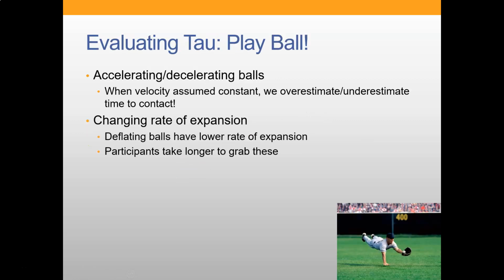So let's consider tau. When people are actually given balls that are rapidly accelerating or decelerating, one of the things that's kind of interesting is that if an object is rapidly accelerating, people will often overestimate the time they have to catch it, because tau assumes constant velocity.